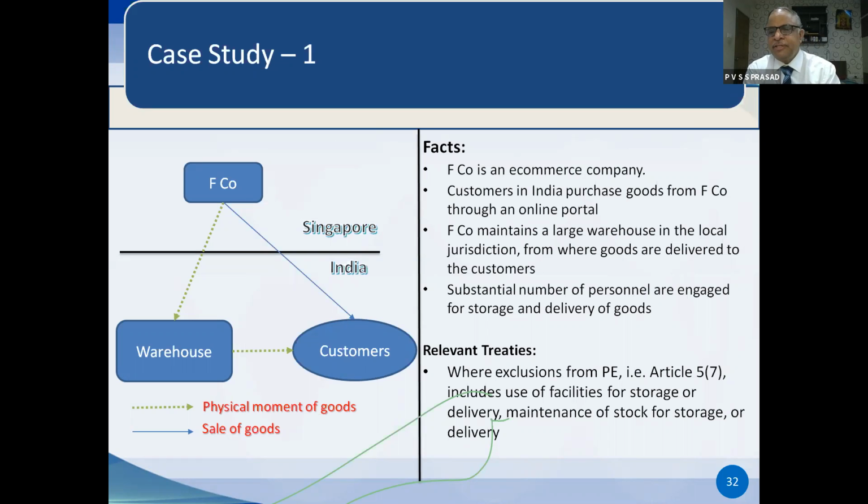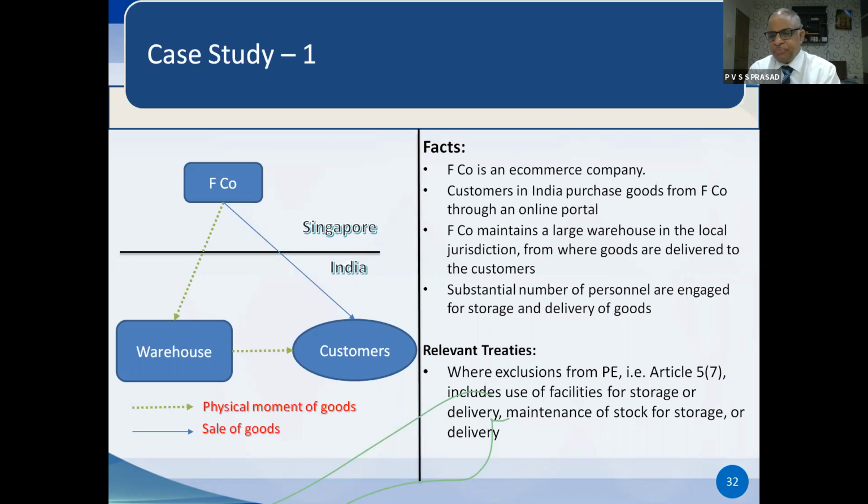Originally, in all the treaties, the storage and the delivery function was not treated as a revenue raising activity, especially in the OECD model convention. But India always canvassed that delivery function is a revenue raising function. Accordingly, the UN model convention also supports the same.